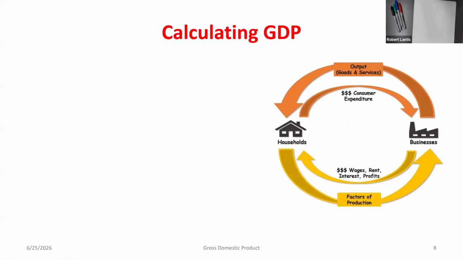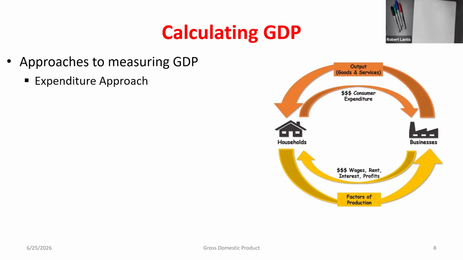So going back, we're thinking about calculating GDP. There are different approaches to calculating it. We can use the expenditure approach. We'll start with that first. Anytime someone buys something, there is a quantity of the good and someone is paying the price for that good. That gets added into GDP. It was an expenditure by our households.